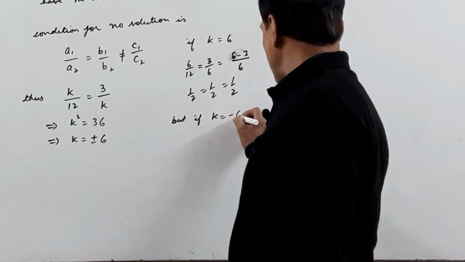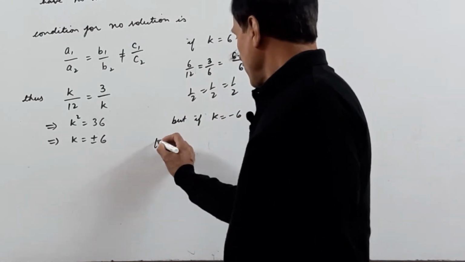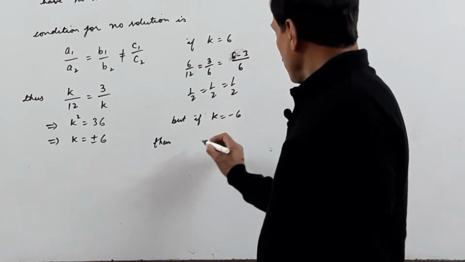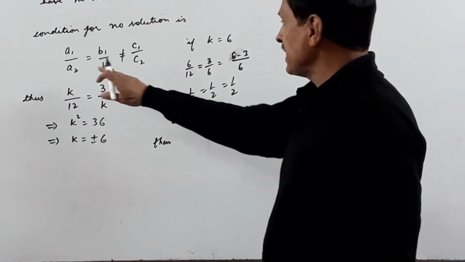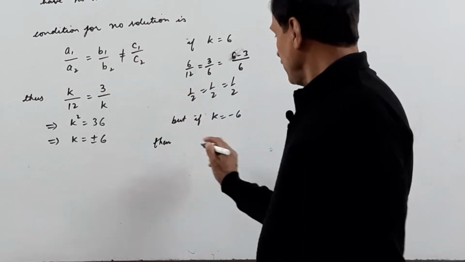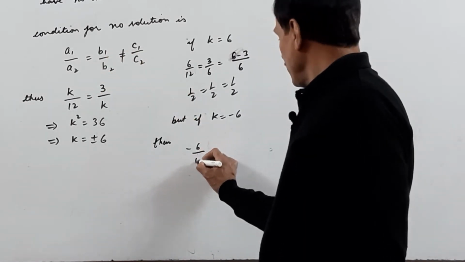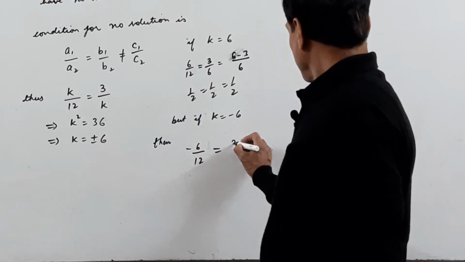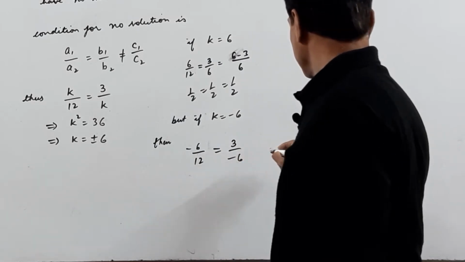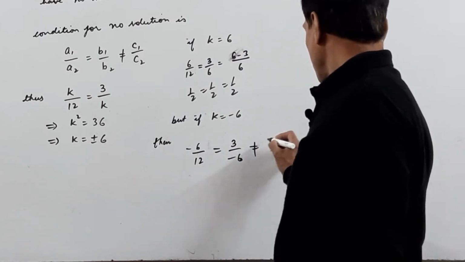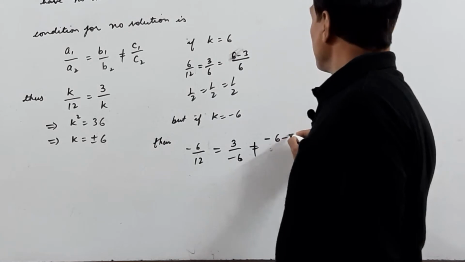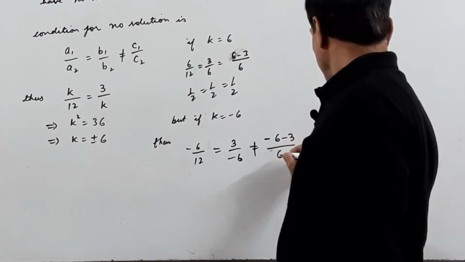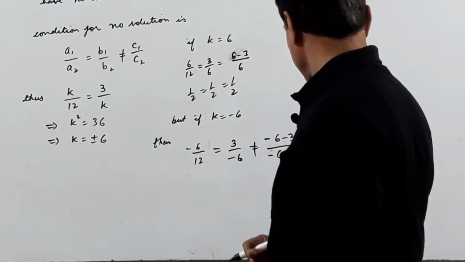But if k is equal to minus 6, then putting the value of k is equal to minus 6 in the condition, minus 6 upon 12, 3 upon minus 6, (minus 6 minus 3) upon minus 6.